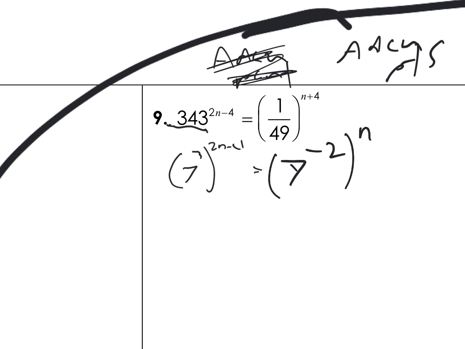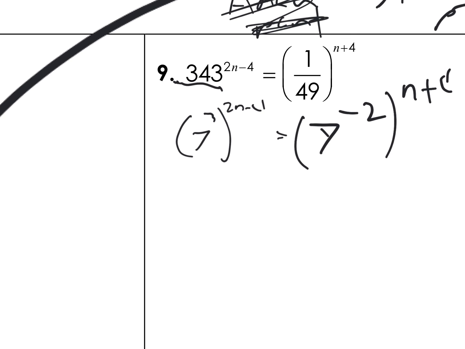So now this becomes 7 to the, distribute that 3 to the 2n minus 4, 6n minus 12, and negative 2n minus 8.